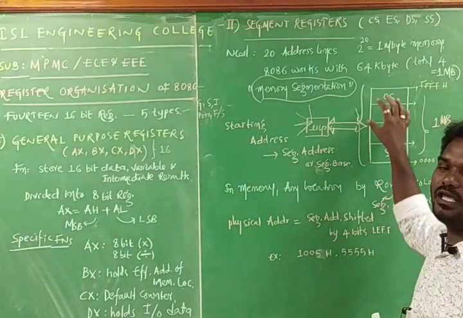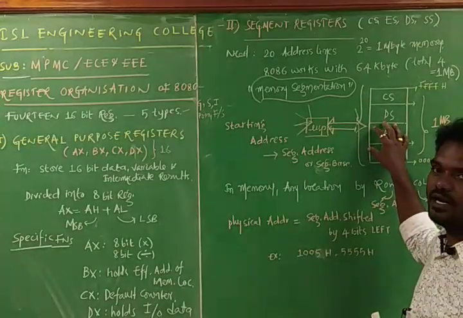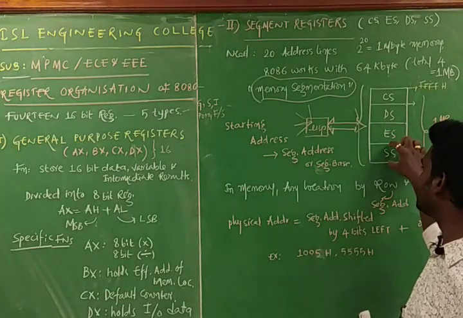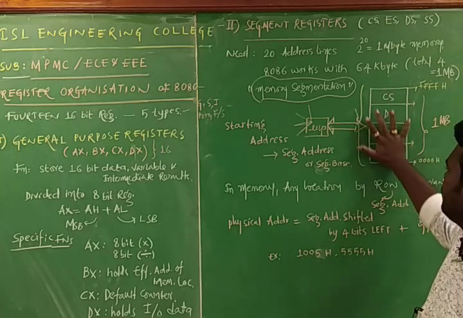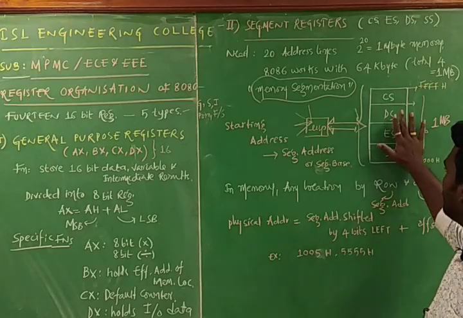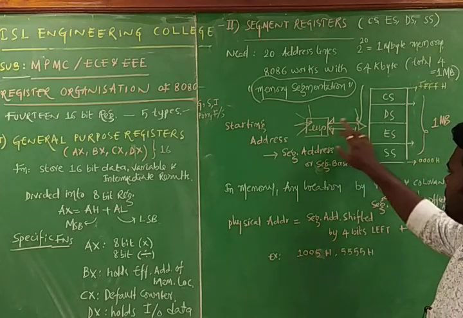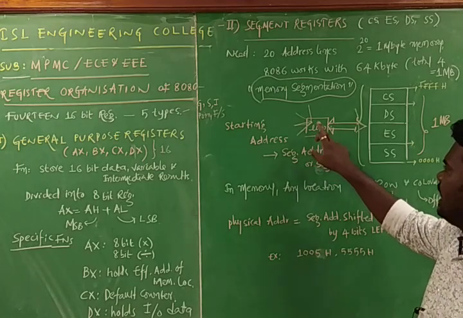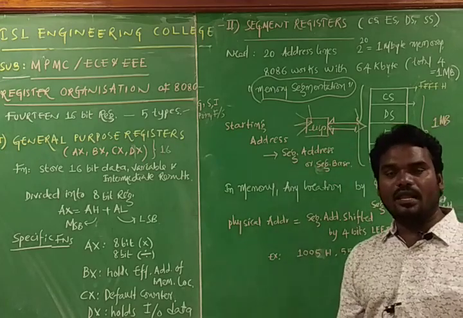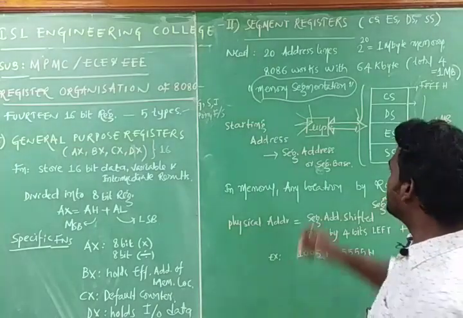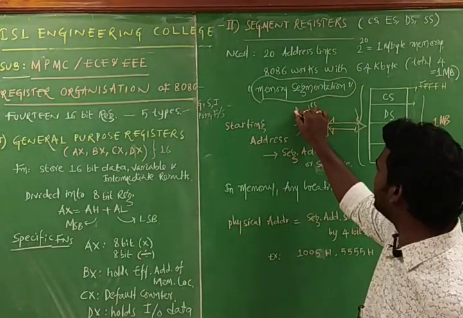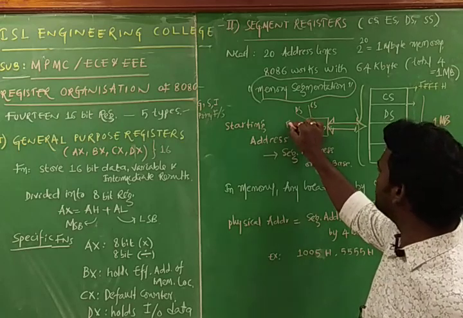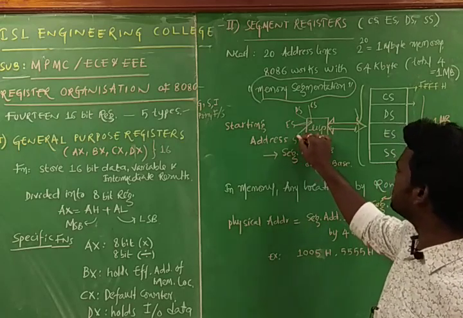Each segment is about 64 kilobytes of memory, totally 1 megabyte, which can be accessed by the microprocessor. Internally, the microprocessor has segment registers: the code segment register, data segment register, extra segment register, and the stack segment register.